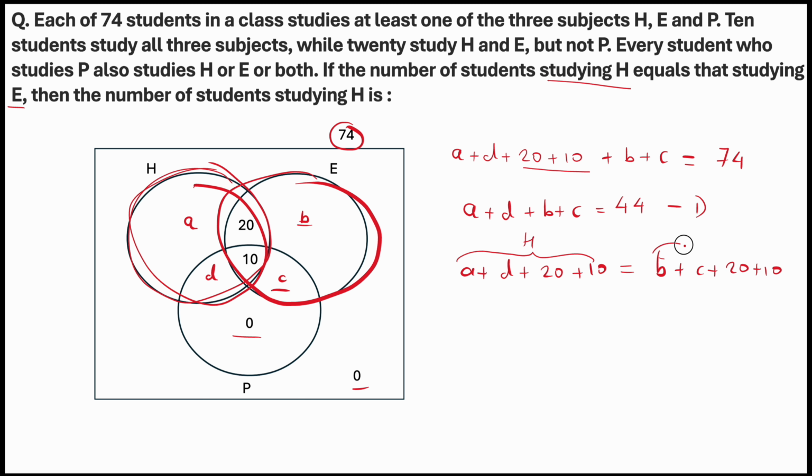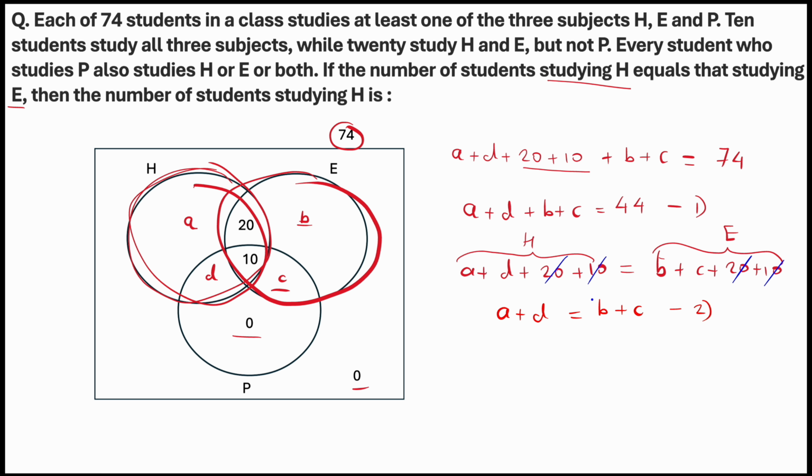So 20 and 20 get cancelled out and 10 cancels from both sides. We will get A plus D is equal to B plus C. Let's call this equation 2.